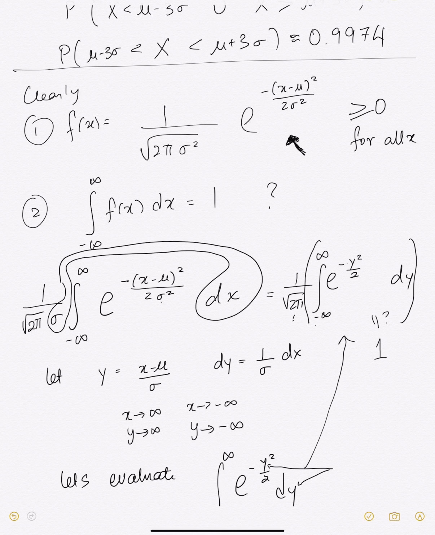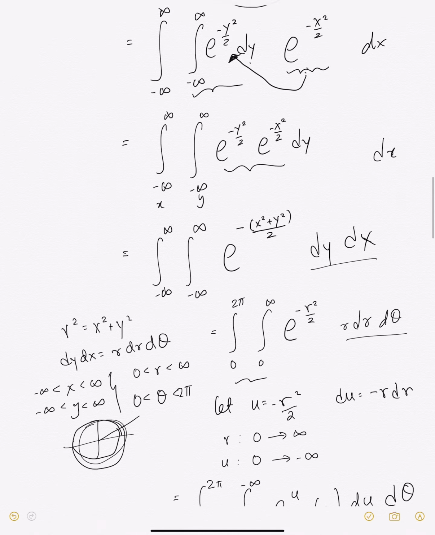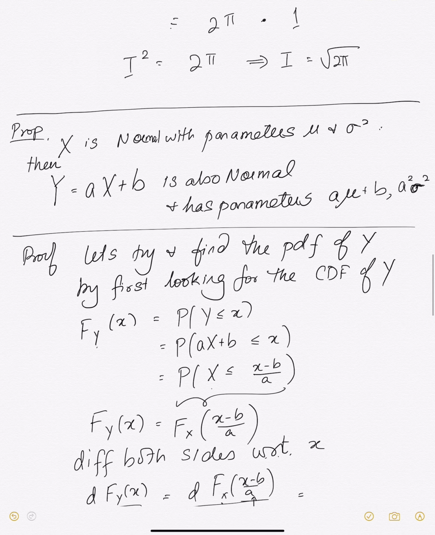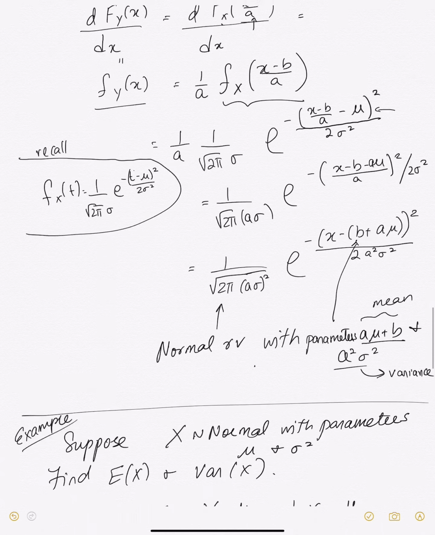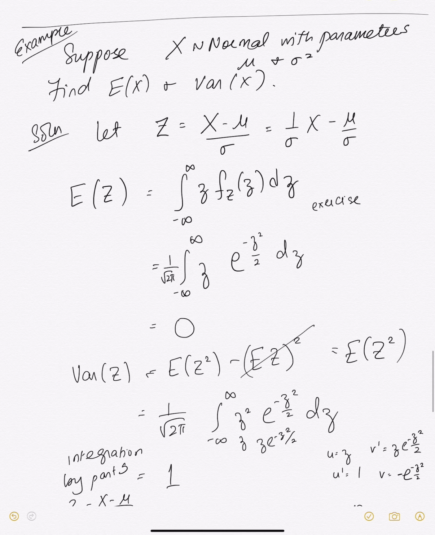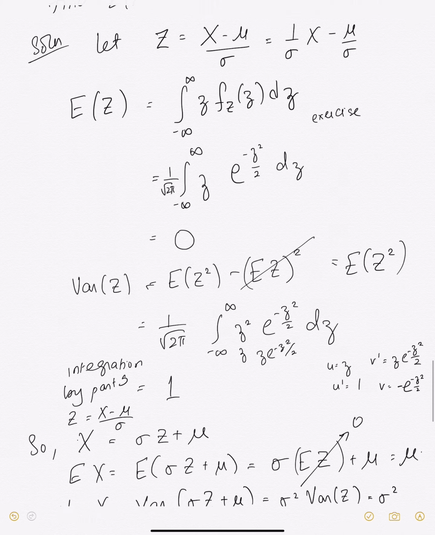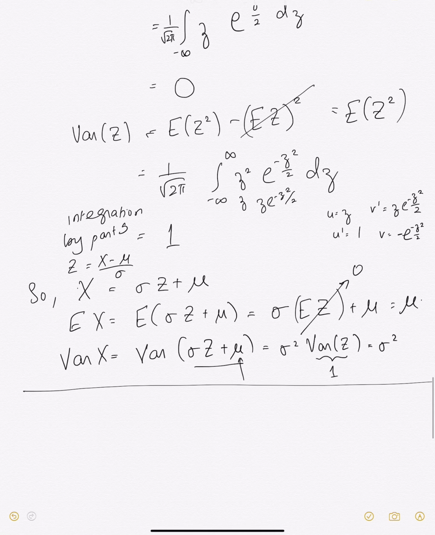In fact, what you do is, one, you use the property that if you shift and scale a normal random variable, then you will have a normal random variable with mean 0, variance 1. So if X is normal, then if you take (X minus mu) over sigma, that random variable will have mean 0 and variance 1.